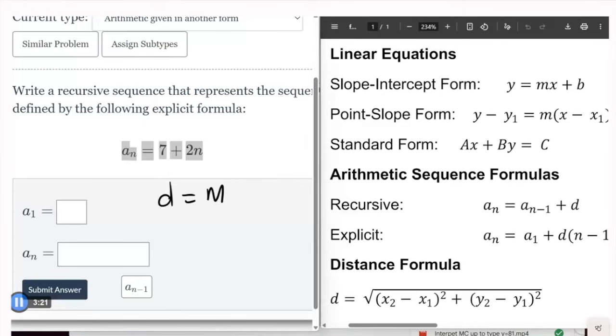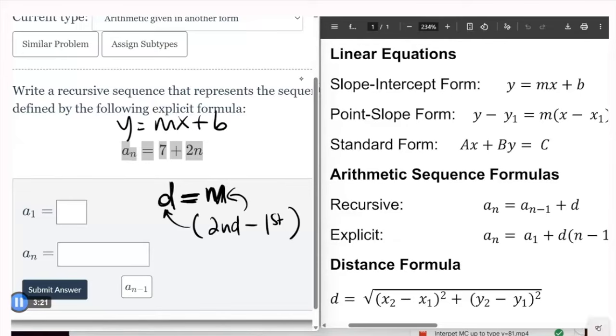To find the common difference, it's going to be the second term minus the first term. Okay, so again, the common difference is exactly the same as slope. So if you see the common difference, it is also slope. So when I have y equals mx plus b, with the slope being attached to the variable, if you look right here, the 2 is attached to the variable, so that's my slope, which is also my common difference.